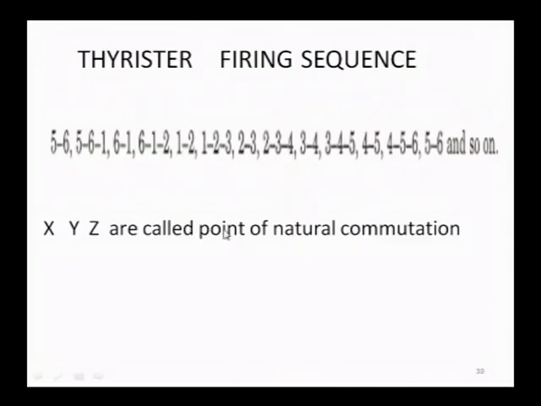So this is the firing sequence: 5 6, 5 6 1, 6 1, 6 1 2, see the repetition of these thyristors, then 1 2, 1 2 3, 2 3, 2 3 4. You have to remember the firing sequence of these thyristors, it is very important. So X, Y, Z are called points of natural commutation, or P, Q, R.